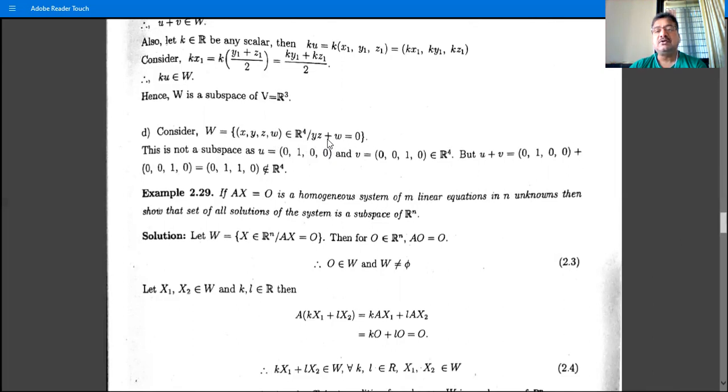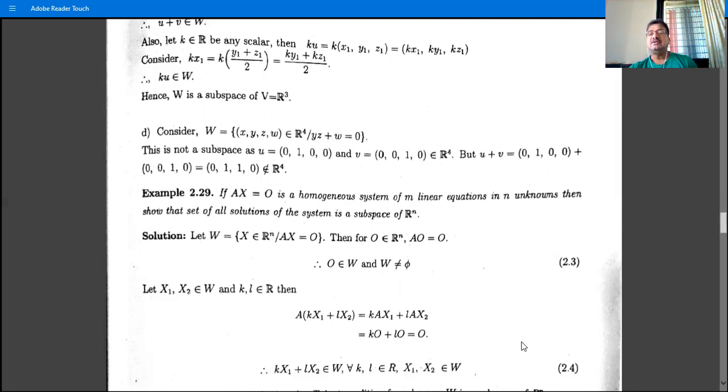So this is an element of W. Also v is (0, 0, 1, 0), because 0 into 1 is 0 plus w, which is 0, is equal to 0. So these two are elements of W. Don't write that it belongs to R raised to 4; they belong to W.